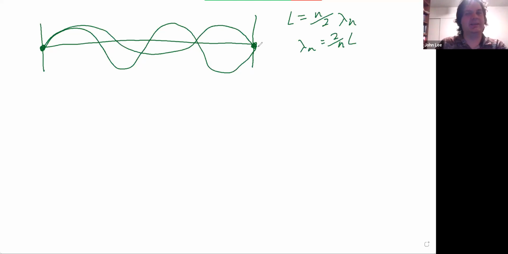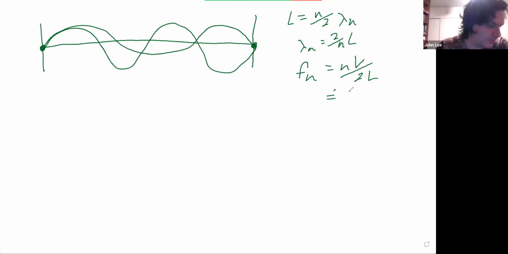So you're only able to find standing waves with lambda n equals 2L over n, which is going to give you f n is equal to n v over 2L is equal to n times f1.